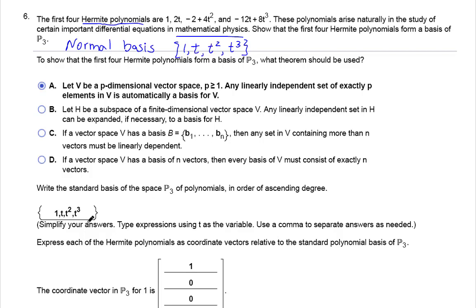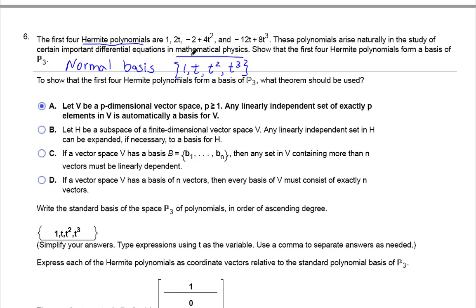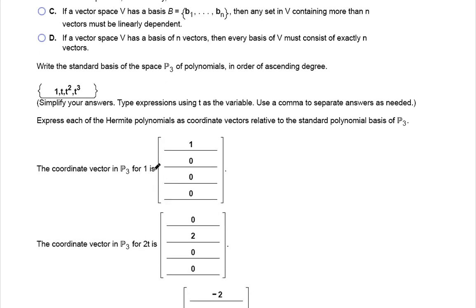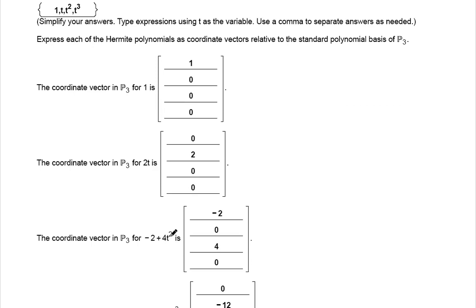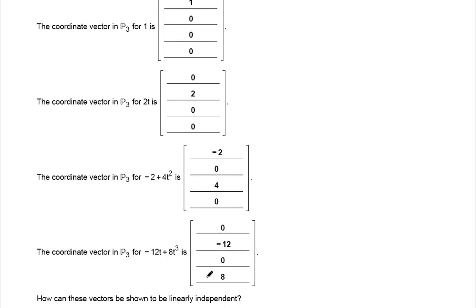All right. And so what they say is, let's take each of the Hermite polynomials and write them in terms of the normal basis. So 1, well, that was my 1. 2t is really a 2 in the t position. The minus 2 plus 4t squared, so I've got a minus 2 in the constant one and a 4 in the t squared, and so on for the last one.